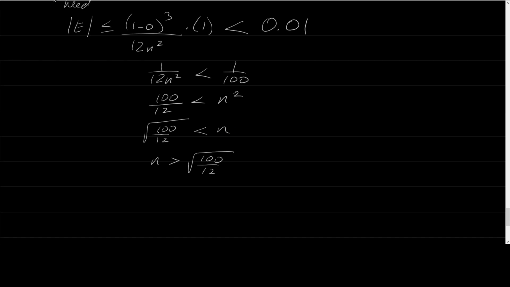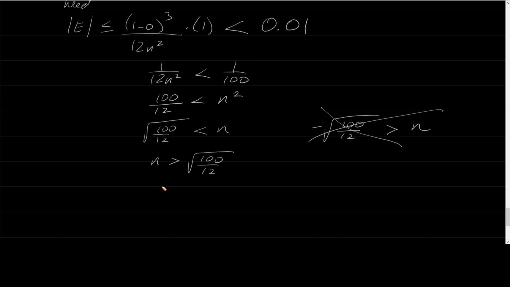I'll write the correct thing. This thing splits up into two inequalities. This is the one inequality. The other inequality would have been negative square root of 100 over 12 must be greater than n. All right, that would be the other inequality, but I won't care about it, because there n just talks about negative values.